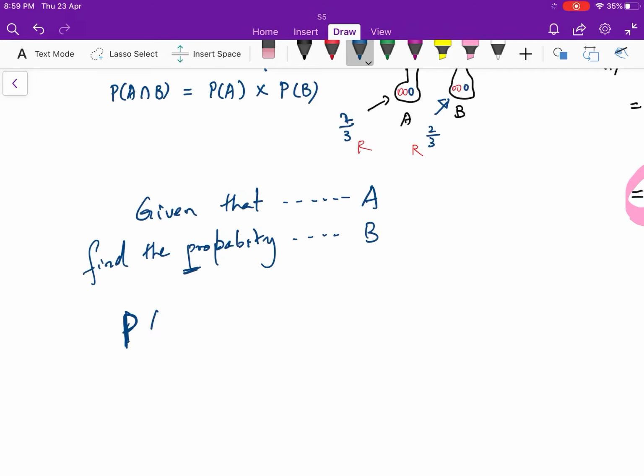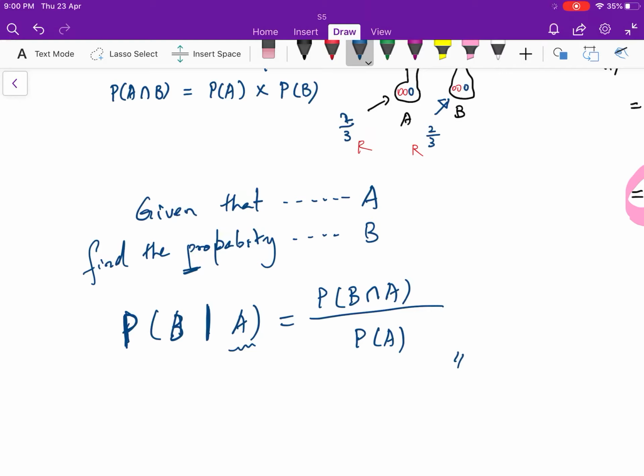It will be P, which stands for probability, okay? Probability of B given that A will equal, using A at the denominator part, the probability of A, then the numerator will be B and A, okay? Remember the sequence of them, okay?